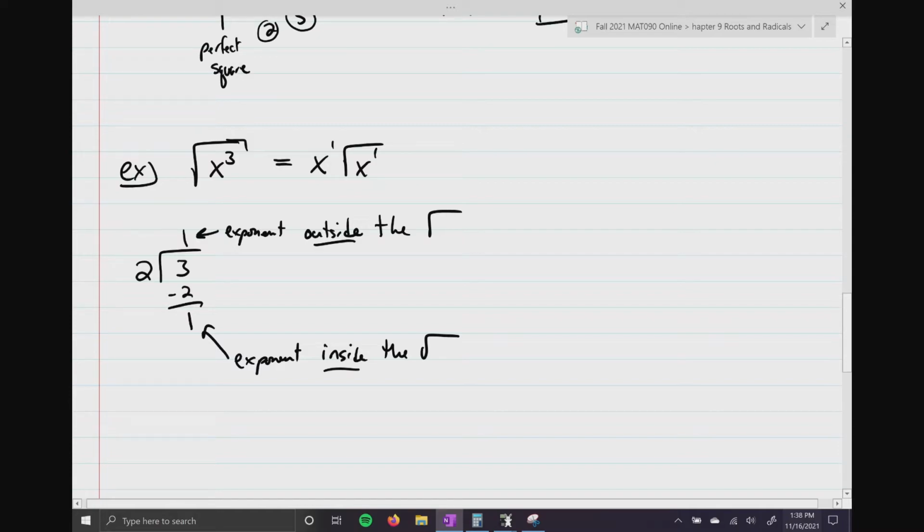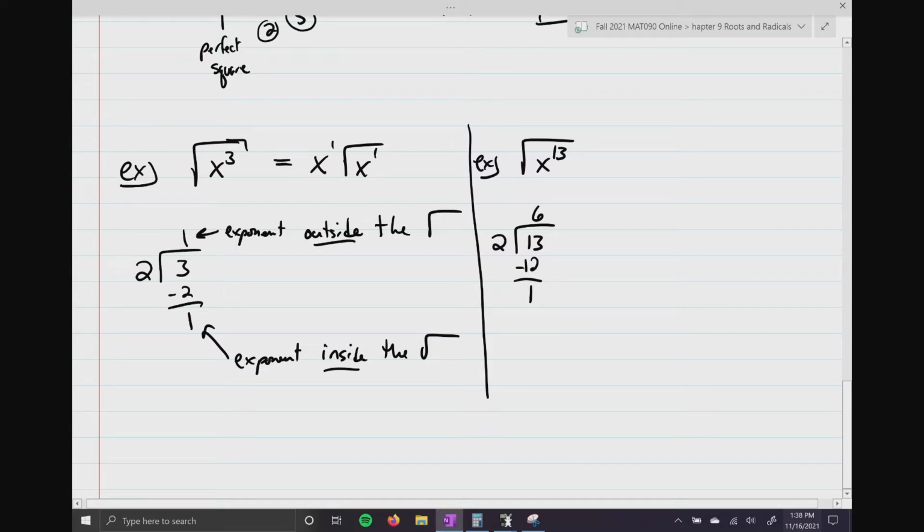All right? Now, let me do another one like this. I'm going to write it right here so you can actually see the major difference. So we're going to do the same thing again. We're going to take the square root, but this time let's do x to the 13th power. So I know I'm going to divide by the index. 2 goes into 13 6 times with a remainder of 1.